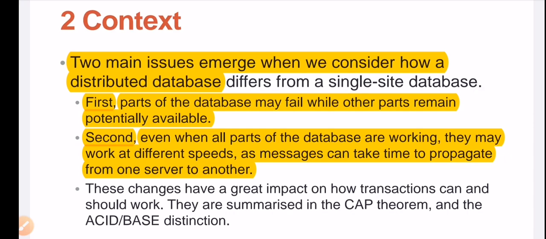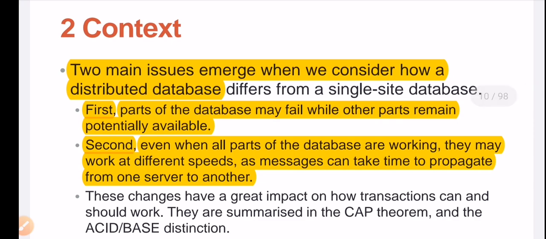Two main issues emerge when we consider how a distributed database differs from a single-site database. Remember, a centralized database has everything in one computer, or a distributed database has different computers and the database distributed across them. So what is the difference? First, parts of the database may fail while other parts remain potentially available. Because we have different nodes or servers, one of them could fail and the others still work.